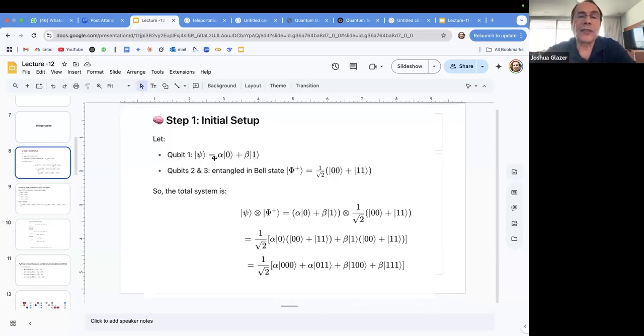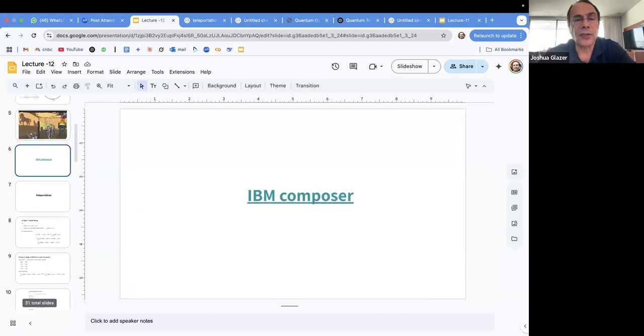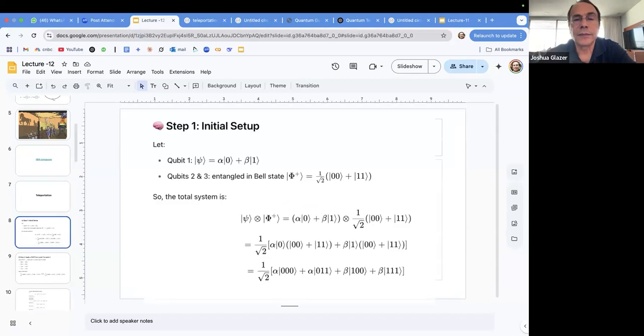Now, since you have this wave function and this wave function, the true wave function is a combination. The true wave function is what you see here, alpha 0 plus beta 1, which is the green particle, times the entangled wave function. It's just simple high school mathematics. You just open the parentheses, and you get this thing here.